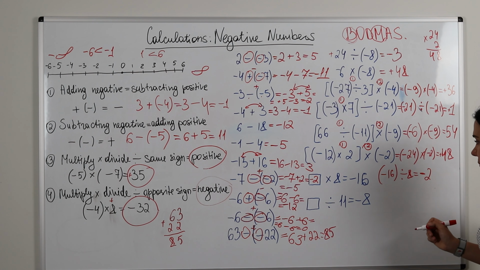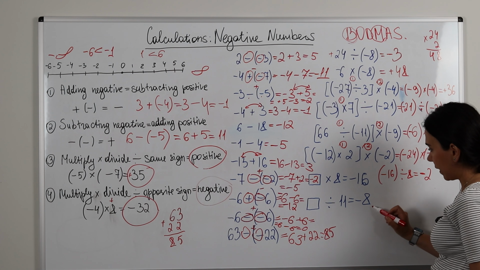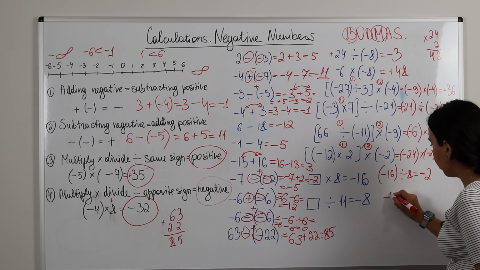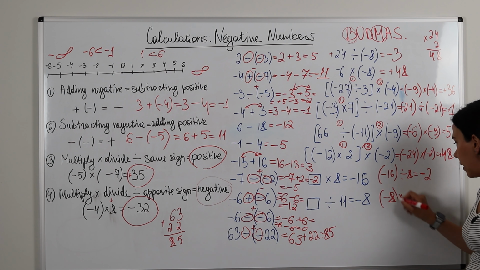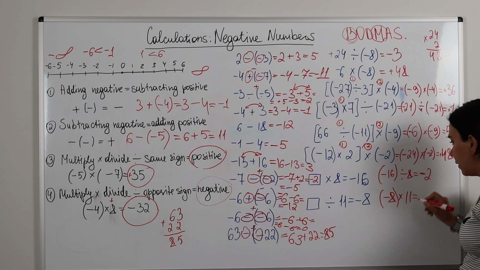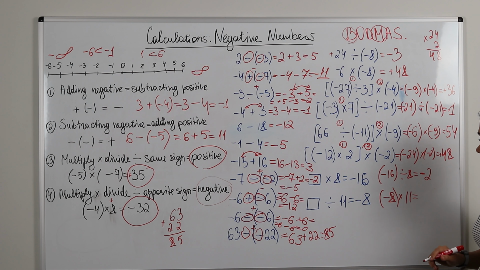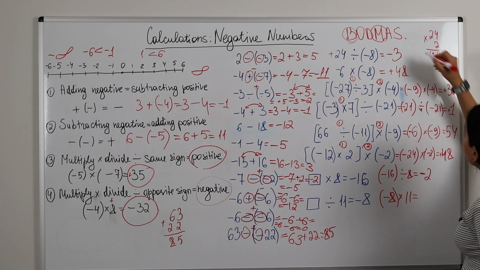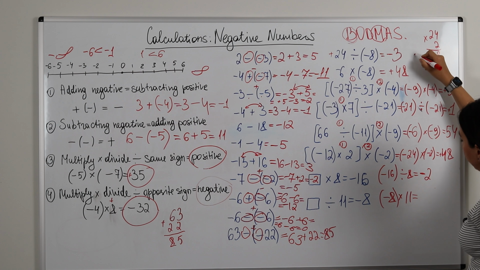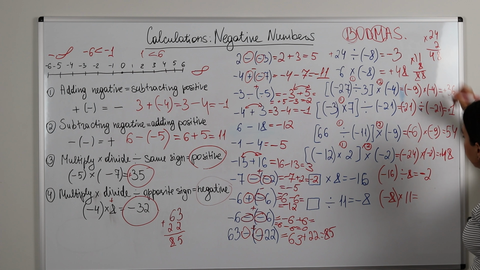Looks correct to me. We have fill in the blank divided by 11 equals minus 8. We will have to multiply minus 8 by 11 to find the missing number, the first fill in the blank. Let's multiply it by hand. 11 multiplied by 8. 8 by 1, 8. 8 by 1, 8. 88.